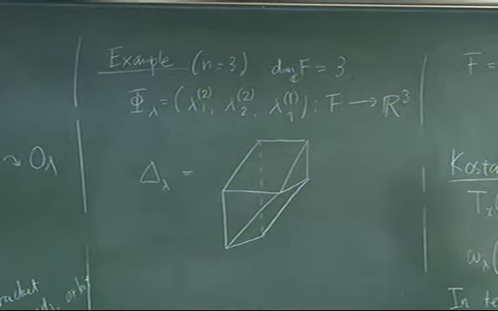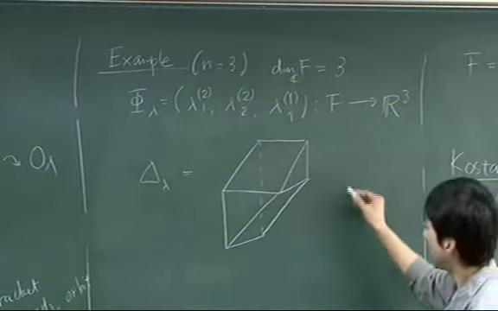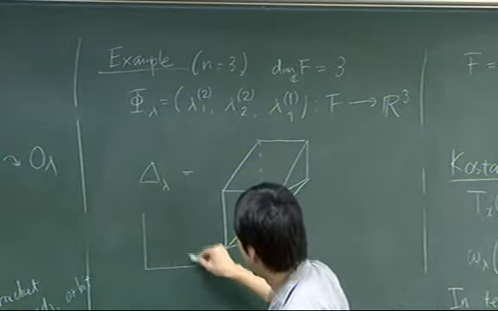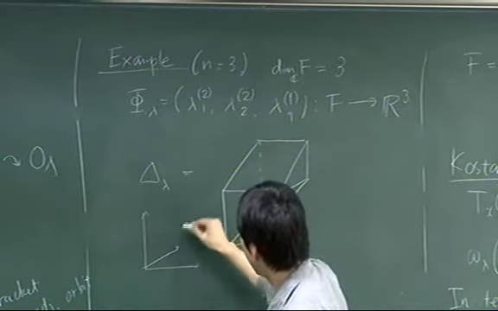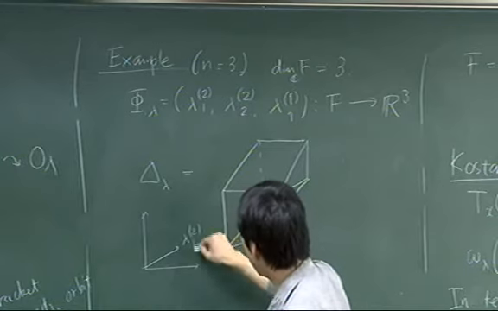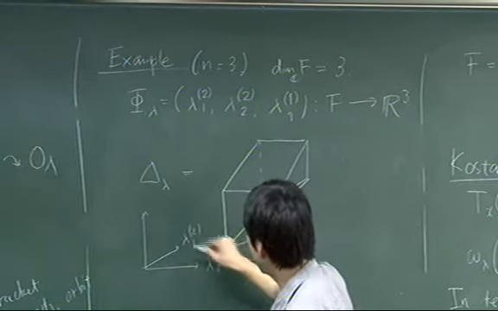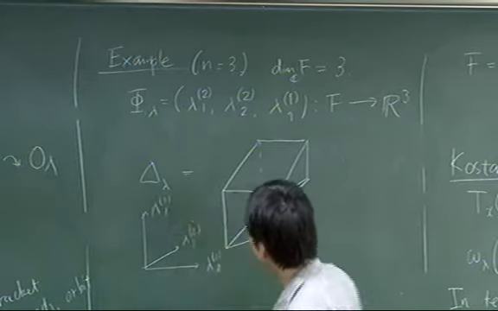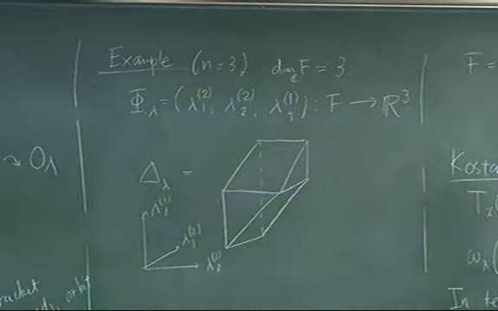So this is lambda 2,1, lambda 2,2, and lambda 1,1. This is the Gelfand-Cetlin polytope for the three-dimensional flag manifold.